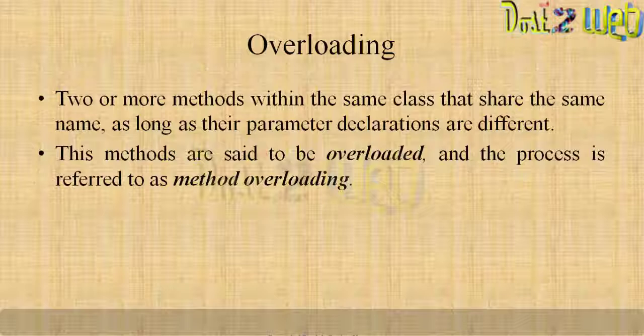We have already discussed method overloading in an earlier class, also in C++. The same thing applies here, and the same statement is given here: two or more methods within the same class that share the same name as long as their parameter declarations are different. So the method name should be the same, but the parameters will be different.